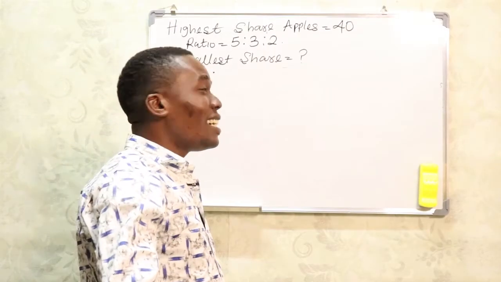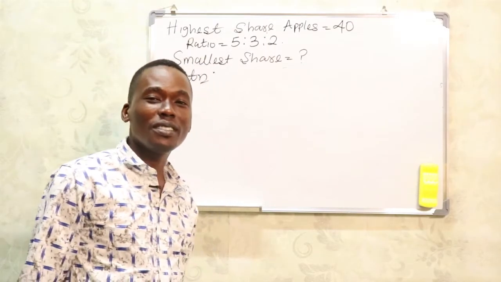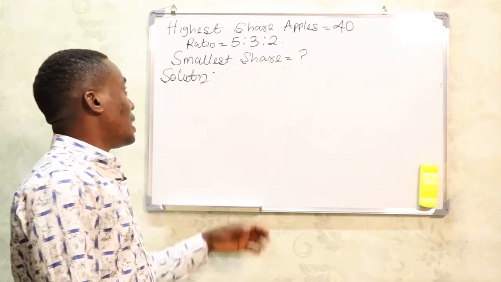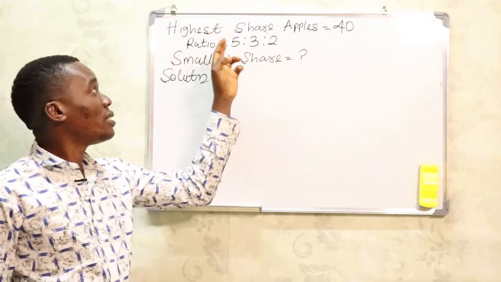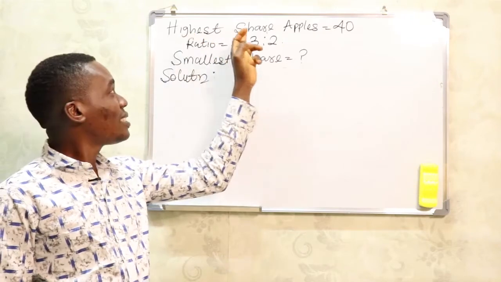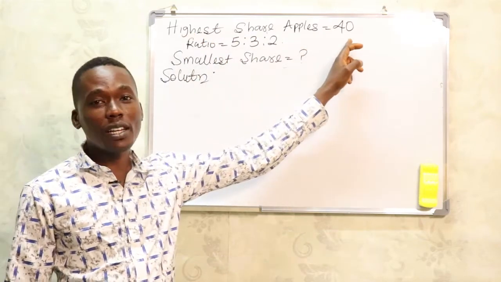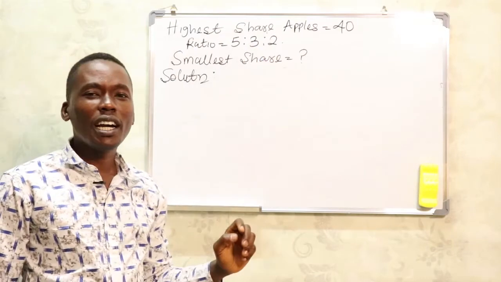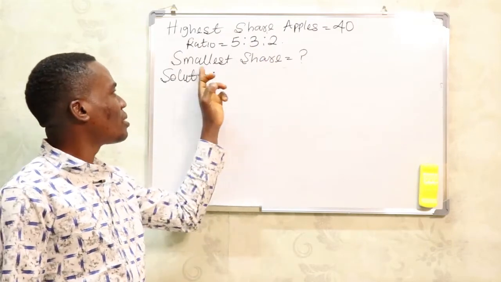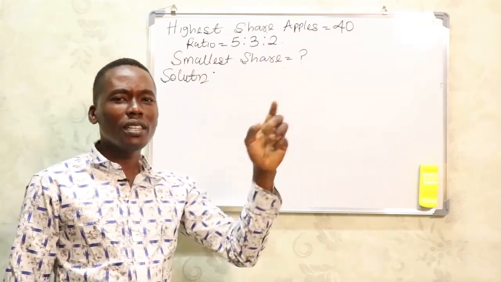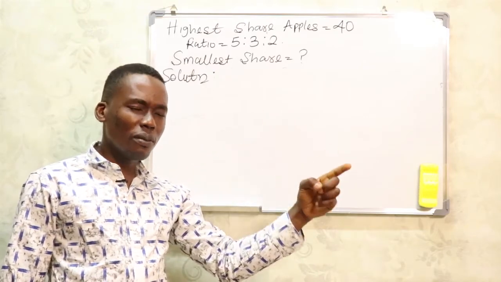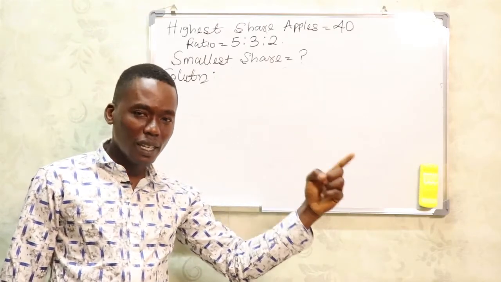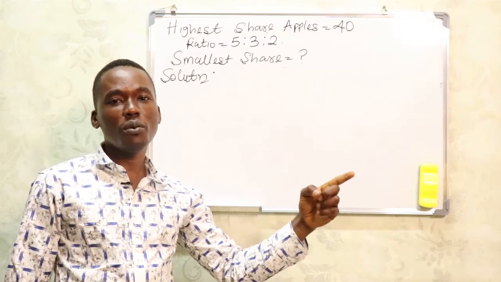Now let's consider the sample solution for sample 3. Now we are given these parameters: highest share of apple as 40 within the ratio 5:3:2, and you're asked to look for the smallest parameter. Now remember the 4 key points or keynotes we discussed.